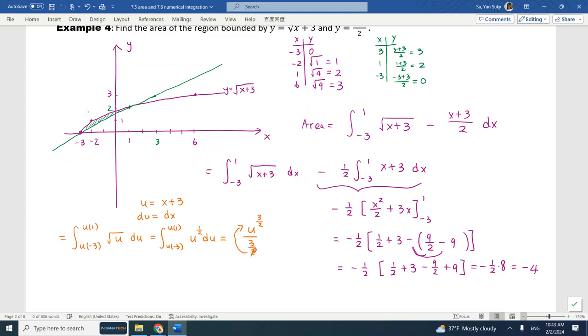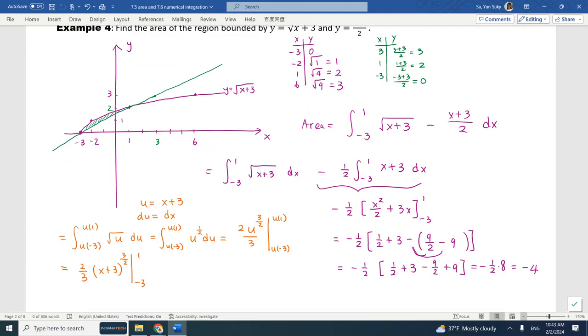Bring it up, so we have 2 upstairs, over 3. Now we evaluate from u(-3) to u(1). We need to get the x back. What is u? x plus 3, to the 3/2. Now we get the x back, so now it's from -3 to 1. Is that okay, everybody?